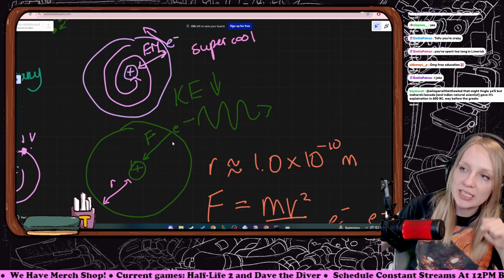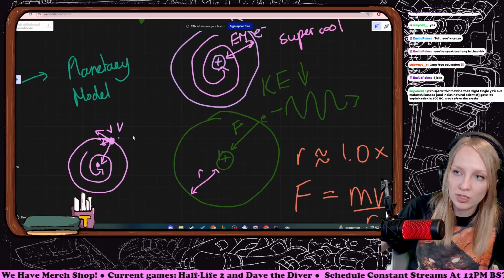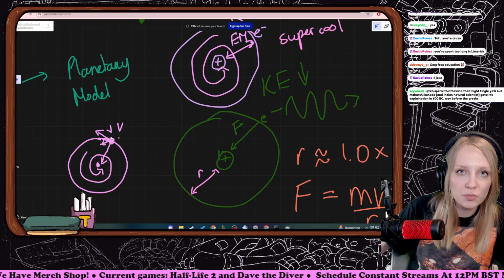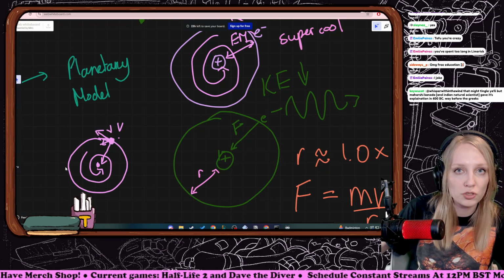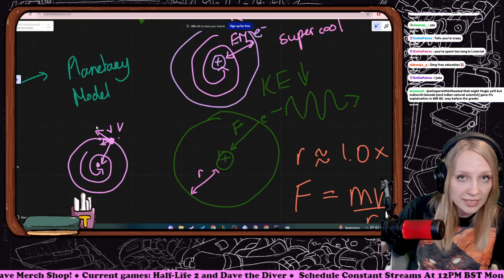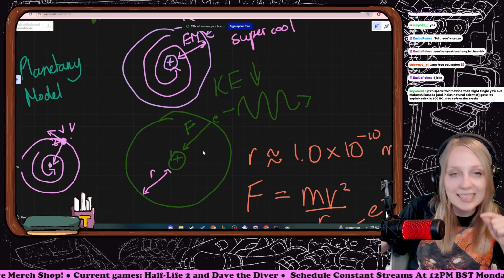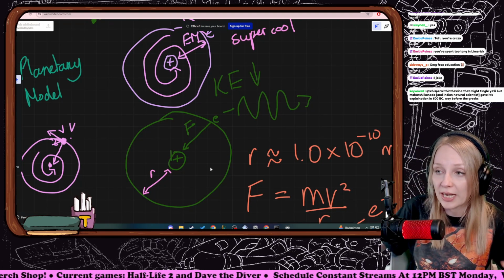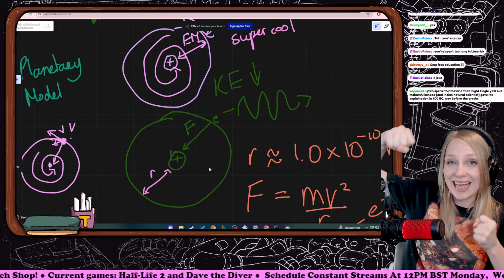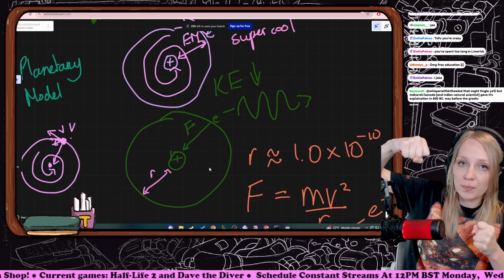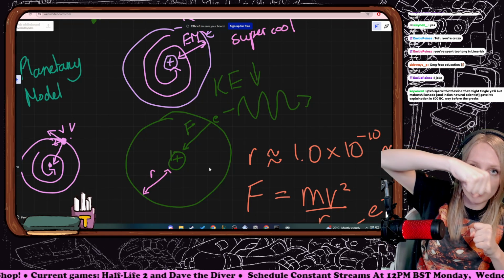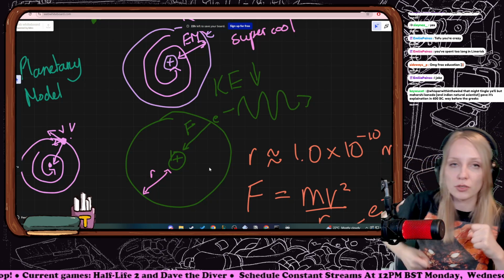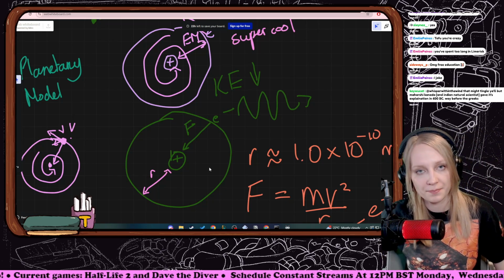If it's losing electromagnetic energy, then in the kinetic energy equation, half mv squared, it is losing its speed. Remember when I talked earlier about how you have to keep up your speed to keep in orbit, otherwise you're going to fall due to the gravitational pull in the planet model. The exact same thing is going to happen here, except instead of gravity, it's the electromagnetic pull due to the positive and negative charges. If your speed slows down, you're going to start falling into the nucleus and the atom will collapse.